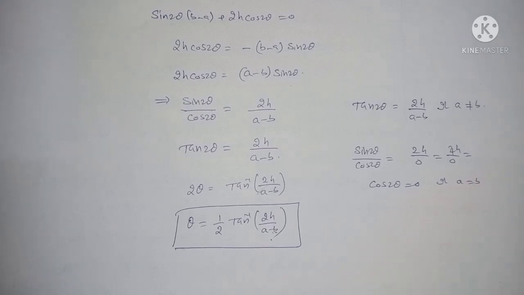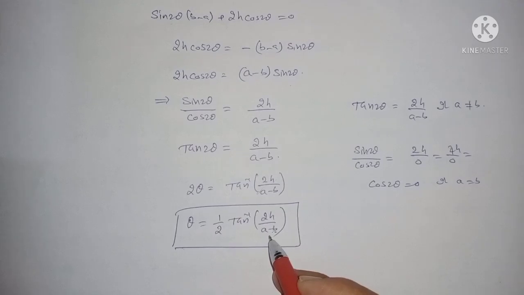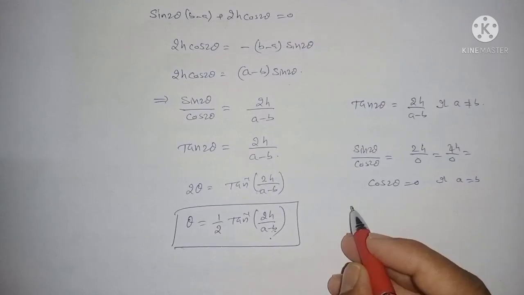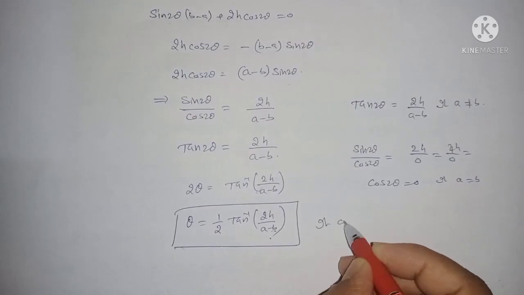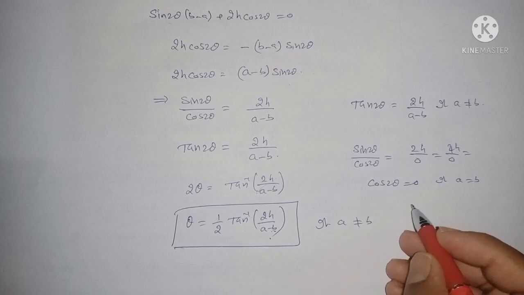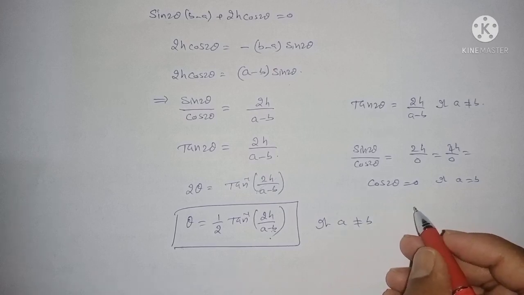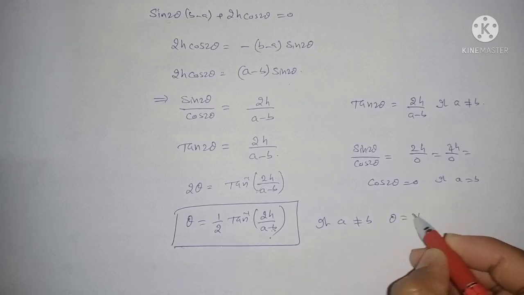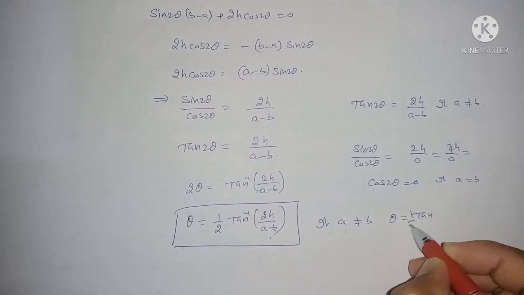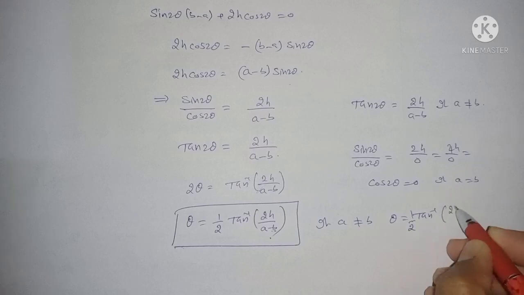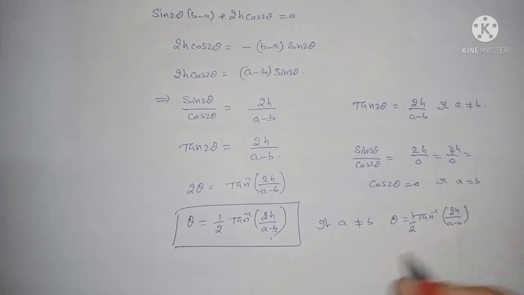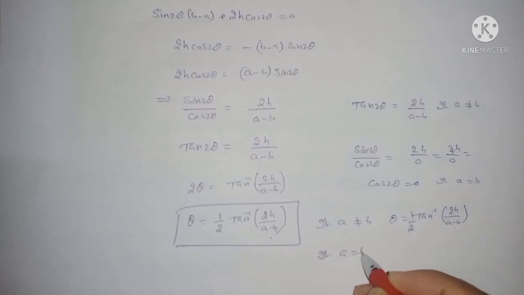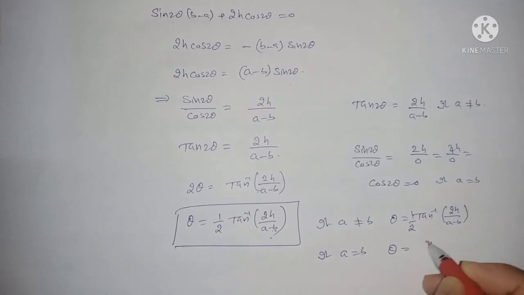Therefore theta is equal to 1 by 2 tan inverse 2h by (a minus b). You can write here if a is not equal to b, theta is equal to 1 by 2 tan inverse 2h by (a minus b). If a is equal to b, theta is equal to pi by 4.